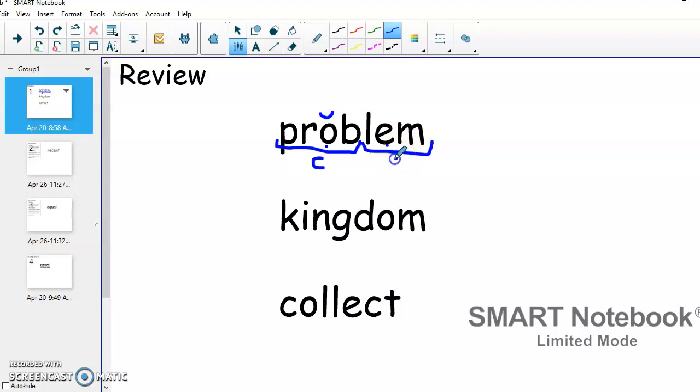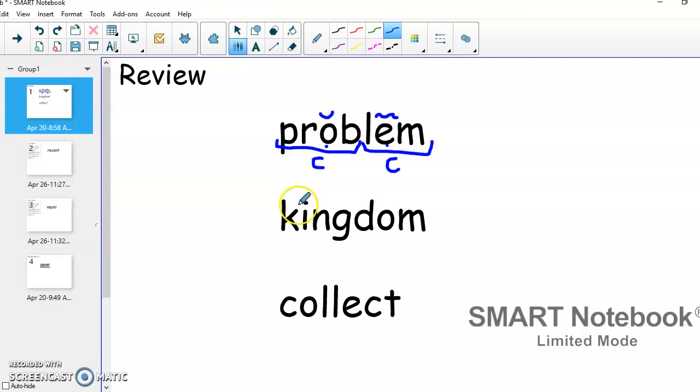So I'm going to put a closed syllable here. But because we don't say problem or problem, we say problem, we hear that sound. Then I'm going to put my squiggle above my E. Okay? So this is what your quick coding should look like for problem. If you don't have that exactly, then pause this video and you can change it. You can fix it.